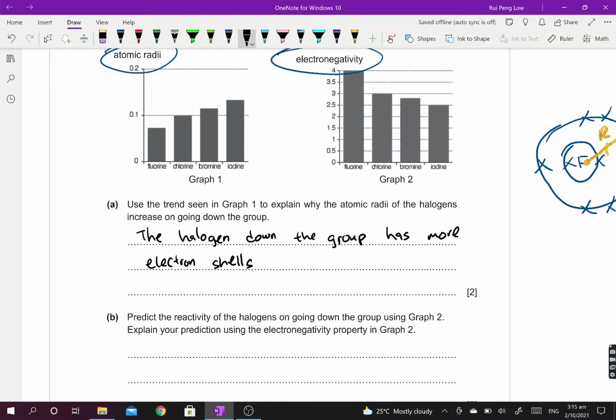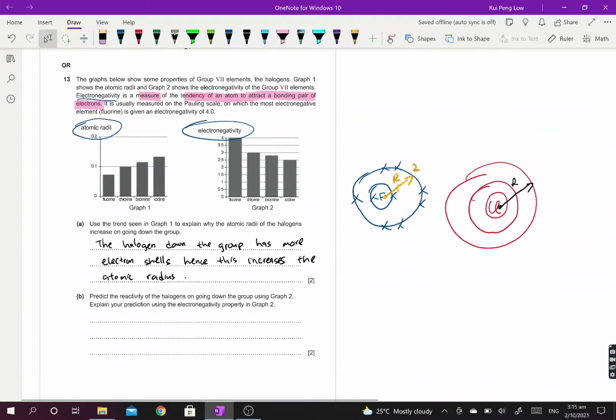Hence this increases the atomic radius. Basically, I'm just writing in words what I just explained here.